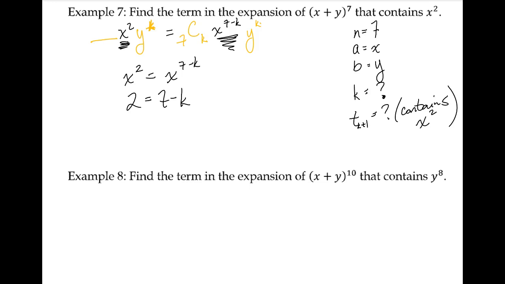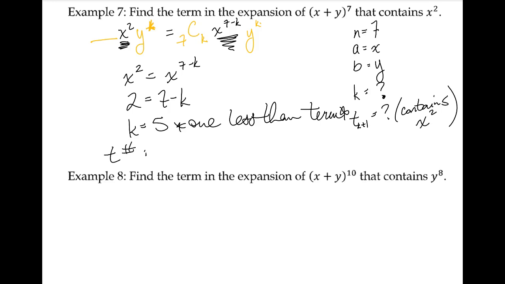Which means that if we move it around, we get k equals 7 minus 2, which is 5. Remember, k is always 1 less than our term number. So term number is going to be 6. So that's how we can tackle it.